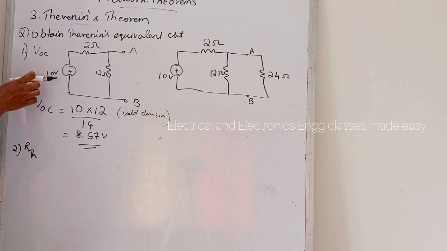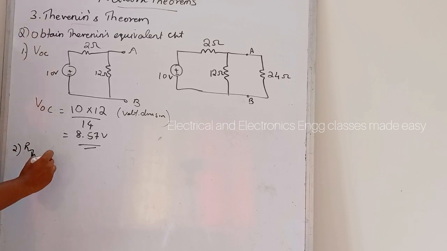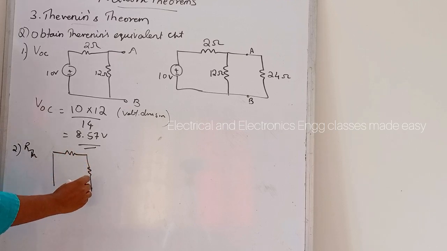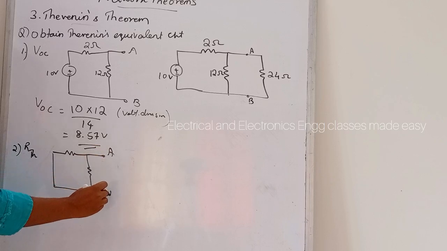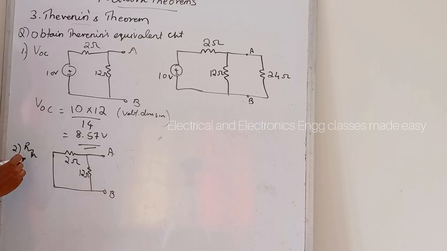To find RTH, deactivate the constant sources. Here only a voltage source is given, so to deactivate the voltage source, we short circuit it. So redraw the circuit diagram. It will be like this, and this is 2 ohm and this is 12 ohm. Now we can find the value of RTH, that is the equivalent resistance.